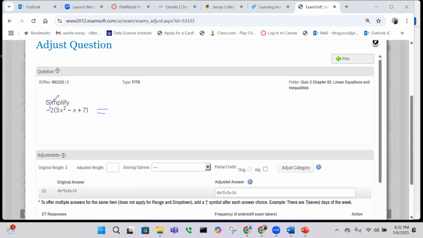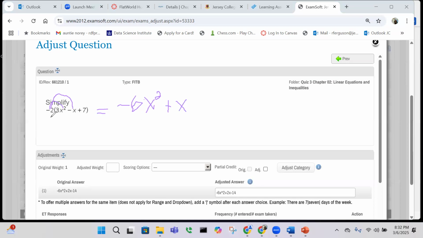All right, so I'm looking at -2 times 3x squared. That first term becomes -6x squared. That's just the first term. Now I must do the same thing again: -2 multiplied by the negative x becomes a positive 2x. Students tend to forget.